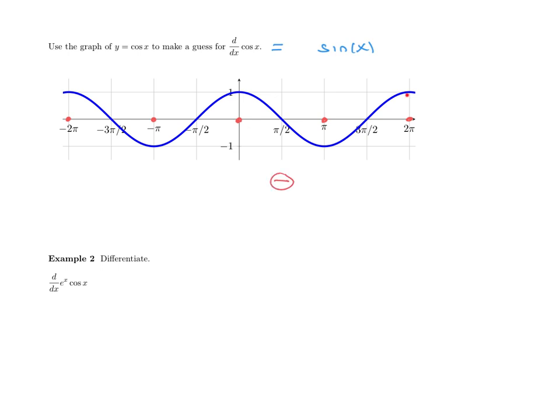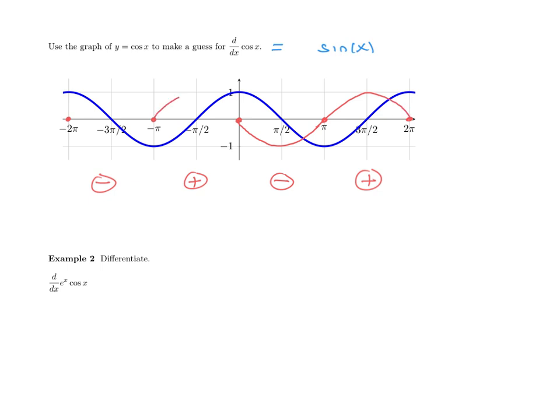Here it is increasing, so the derivative is positive. Here the function is increasing, so the derivative is positive. And then here the function is decreasing, and so the derivative is negative. If I quickly sketch what that should look like, negative values from here to here look like this. And then if they become positive, it would look like this.